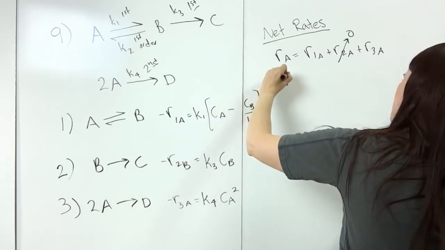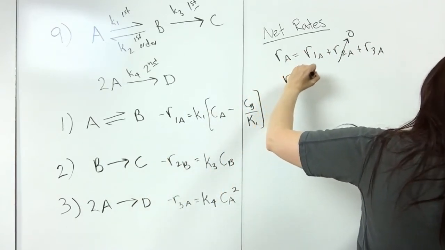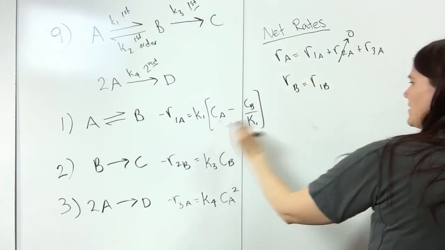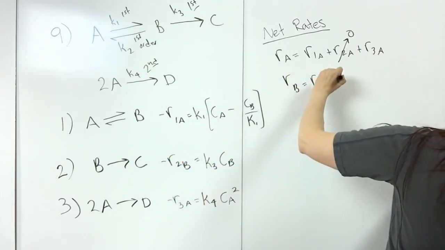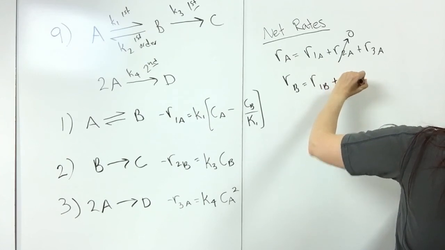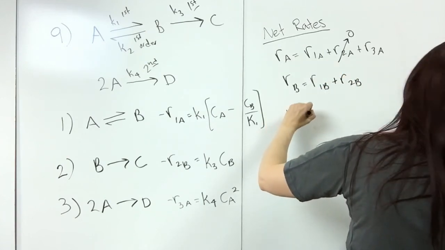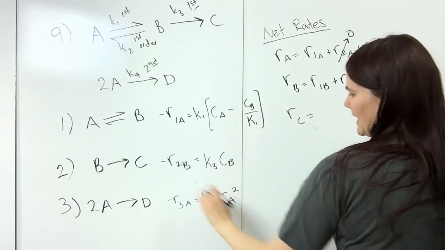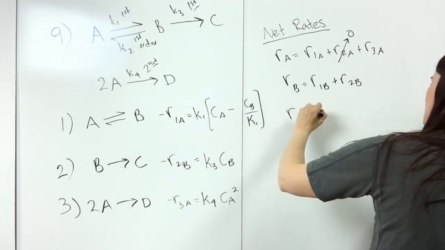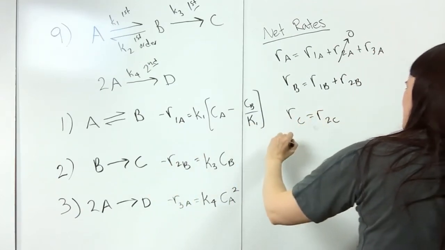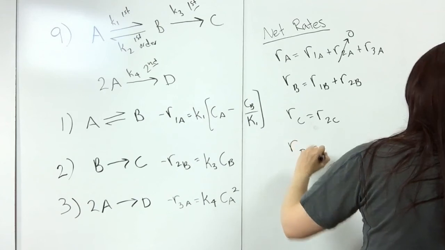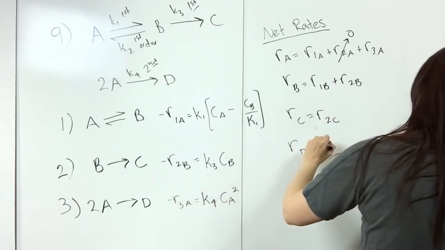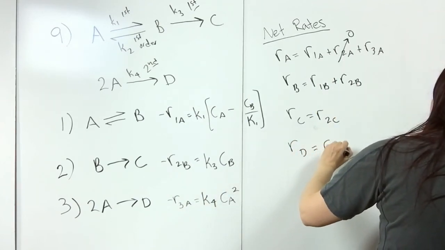And then same thing for RB. I have B in 1 and B in the second one, so R1B plus R2B. RC, I only have C in the second one, so R2C, and RD, I only have D in the third one, so this is R3D.